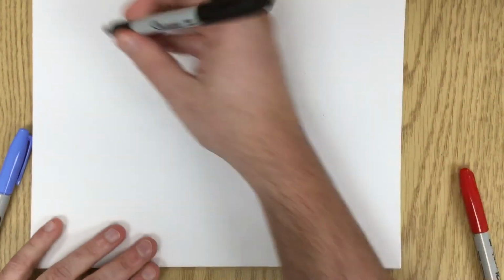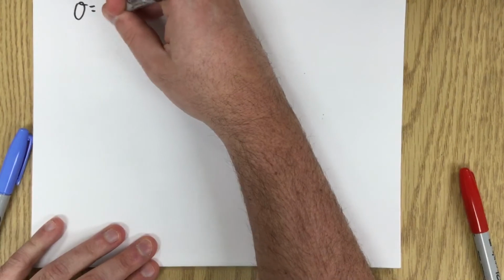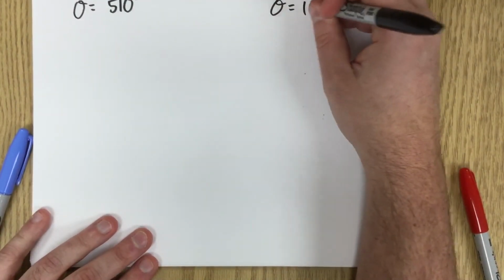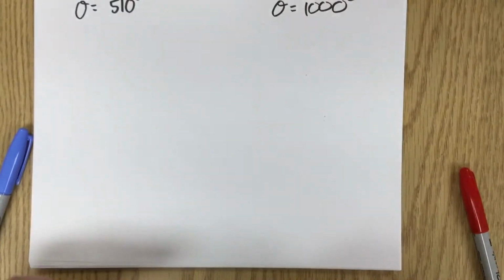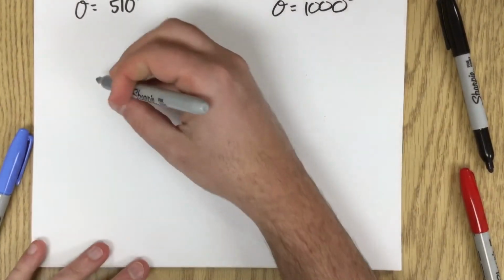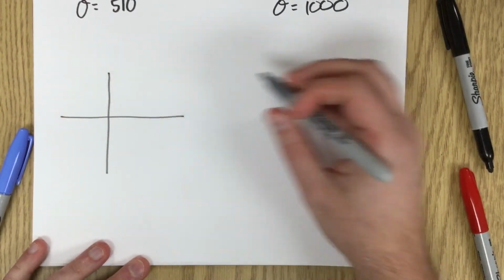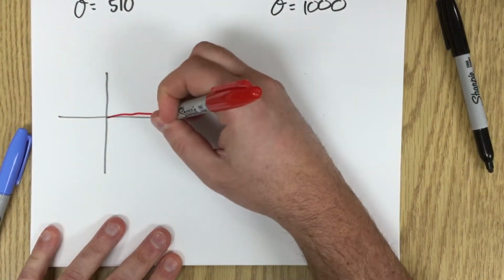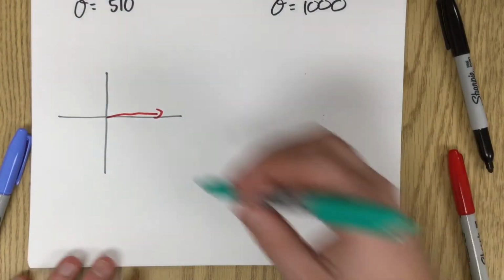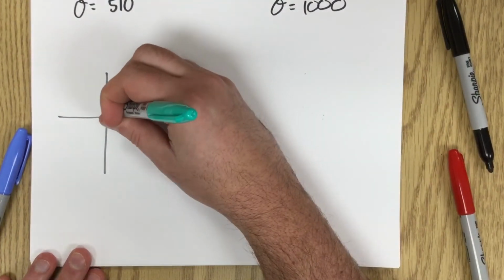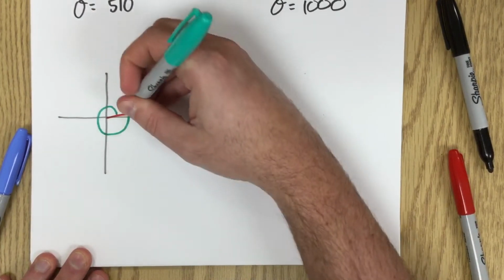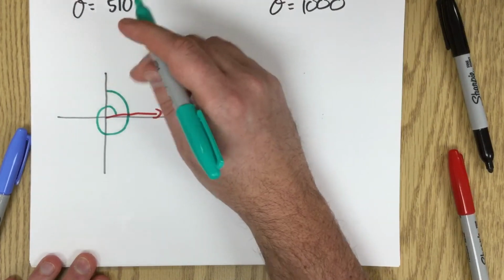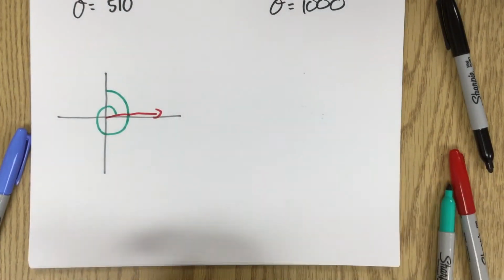We can have an angle of 510 degrees. So go around, we're at 360, 450, and that's going to be it, right?